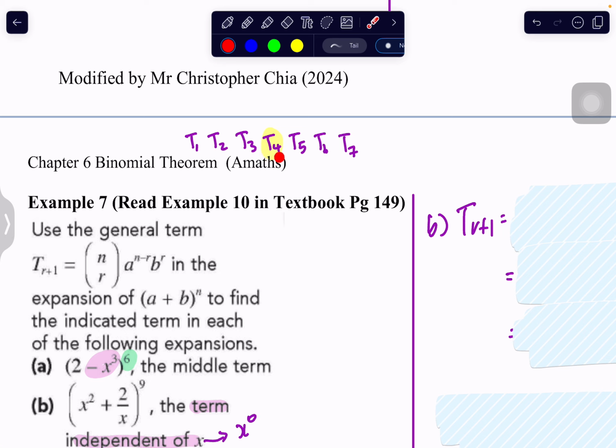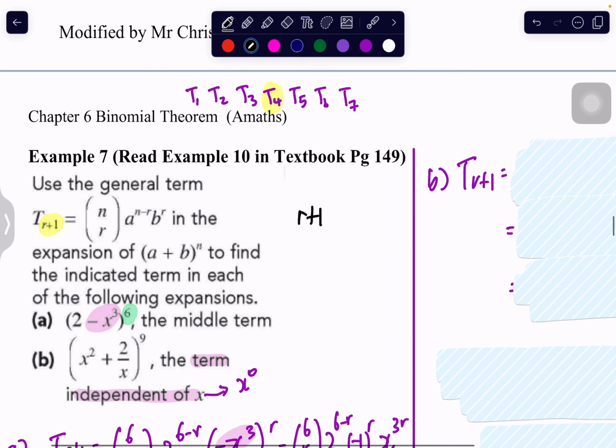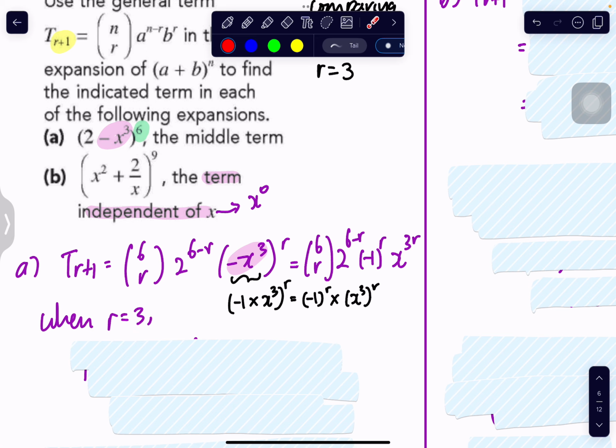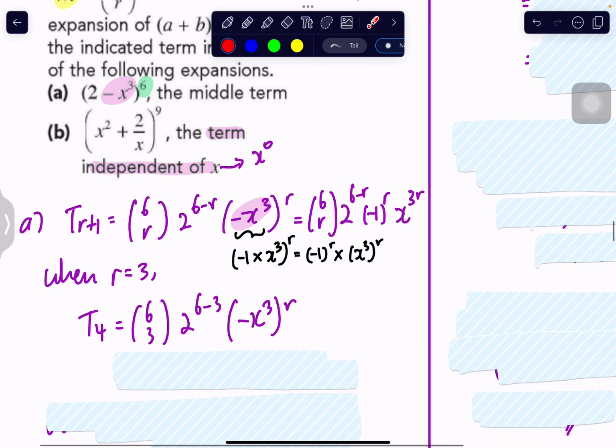So just like just now, I'm going to compare r plus 1 equals to 4. Solving for r, I will get 3. So when r is equals to 3, I can finally substitute my r values into this expression.